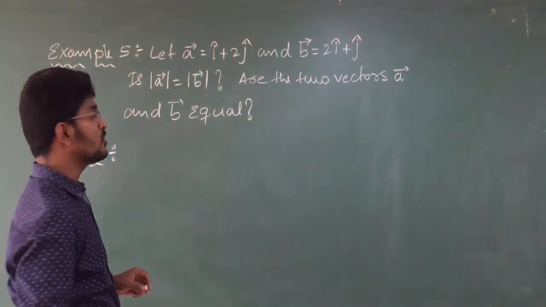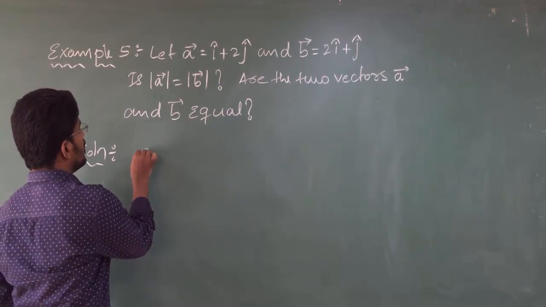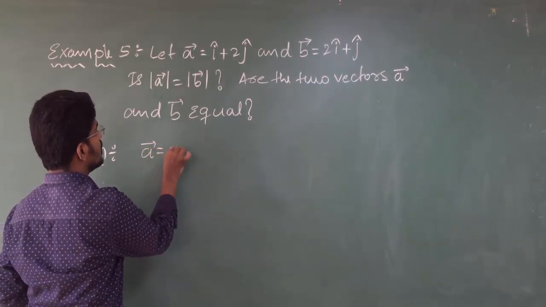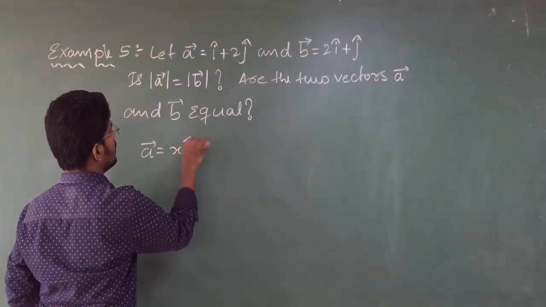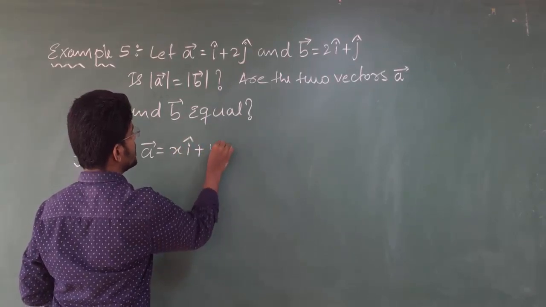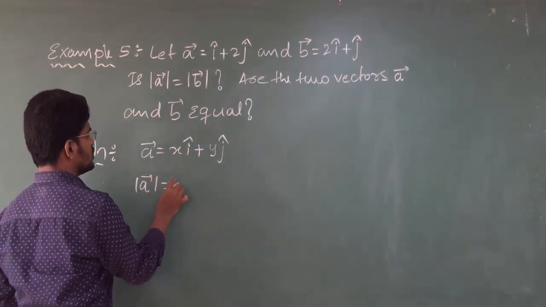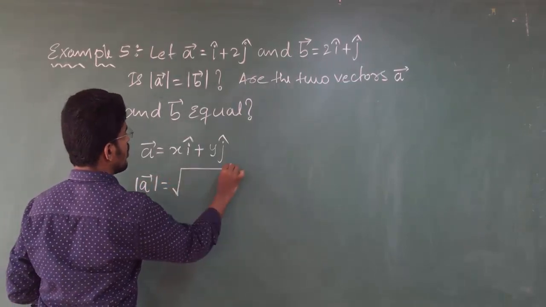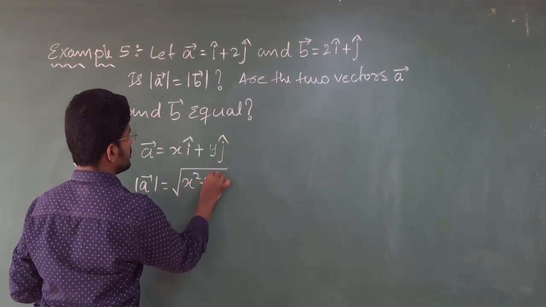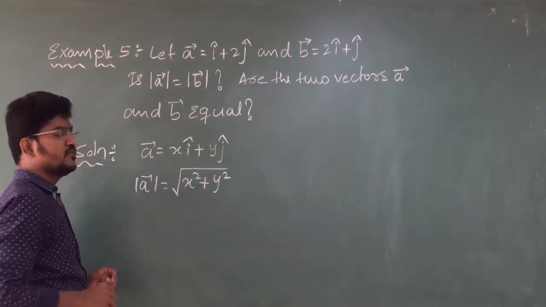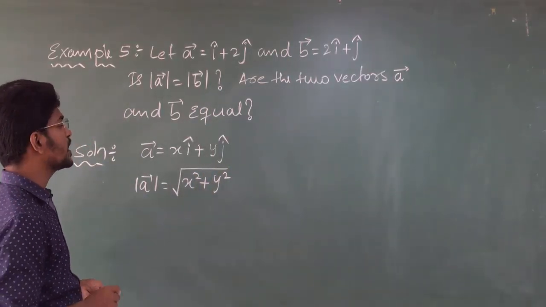So if you say about magnitude, let us check magnitude. Please remember the formula. Vector a equal to x i cap plus y j cap. Magnitude of vector a is equal to square root of x square plus y square. So this is the formula for magnitude of vector a.